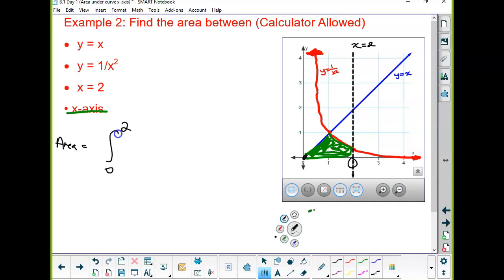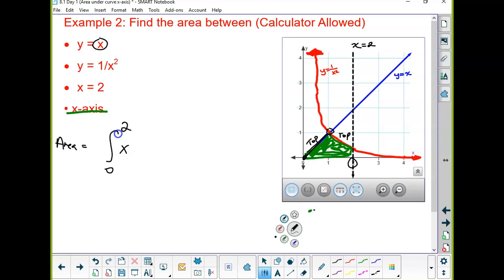We have to be careful because on this part, my top equation is the blue one, which we know is x squared. Actually, this is not 100% correct because we can't do the full integral from 0 to 2. Right? The problem is I've got 2 different tops.